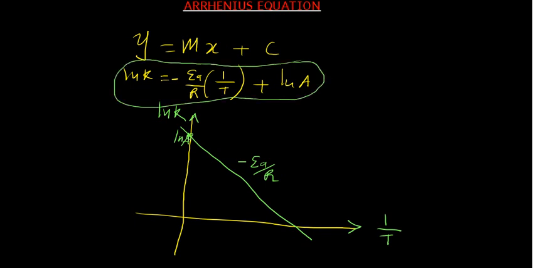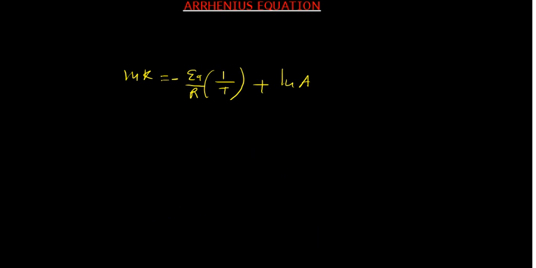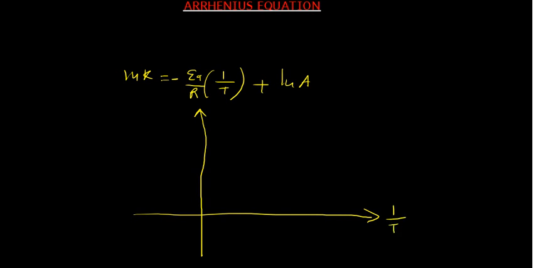Perhaps they've given us a diagram. We want to calculate activation energy from a diagram. How can we do that? So let's just look at it. We see how we're able to get that. Well, even without values, now let's say we've been given a graph where this is 1 over T, then this is natural log of k.